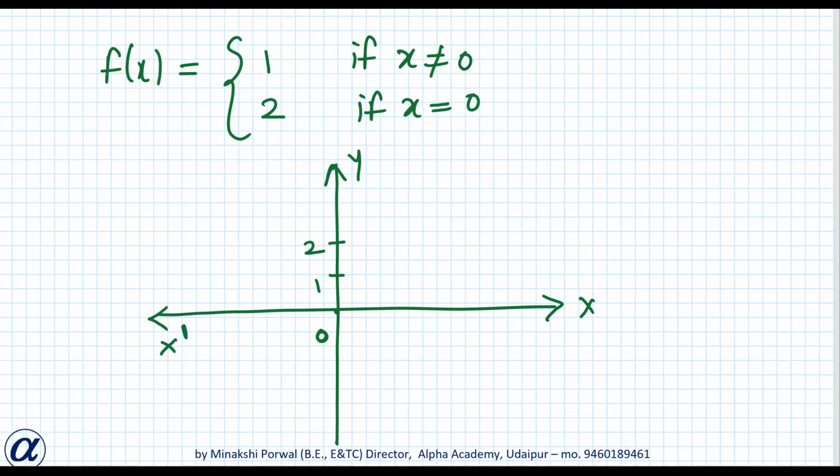When x equals 0 its value is 2. But for all other values of x on the real line, the value of the function is 1 only. So we'll plot it this way, excluding this point, so we make it a hollow circle. If it is included, then we'll make a dark circle. This will be the graph.